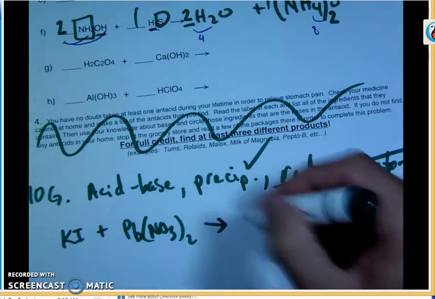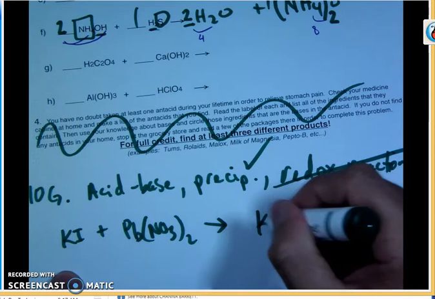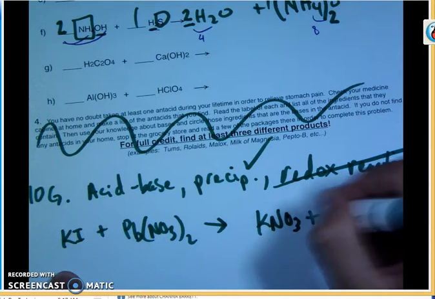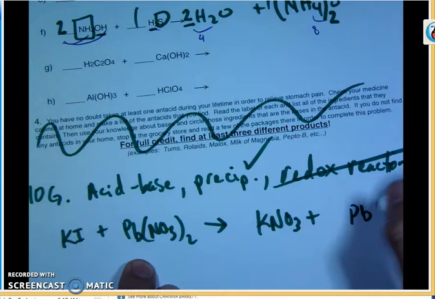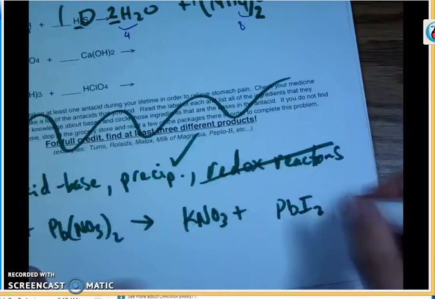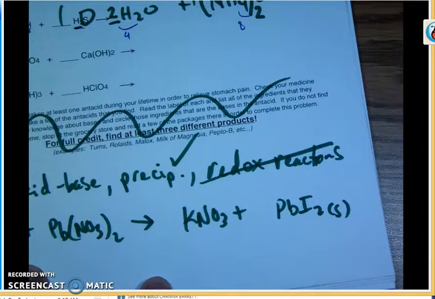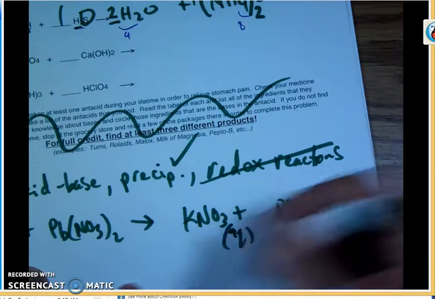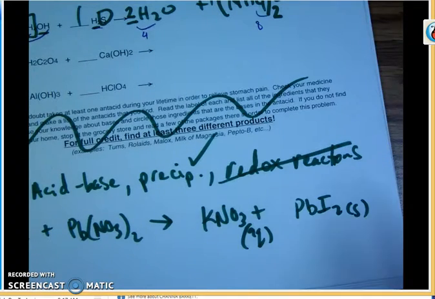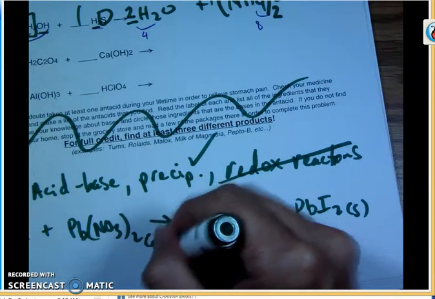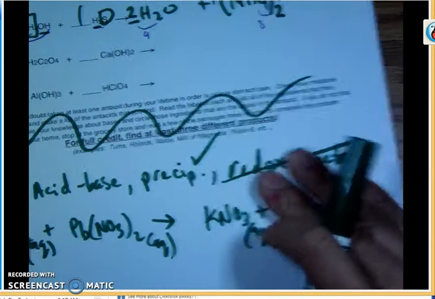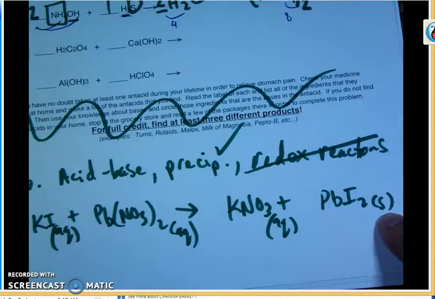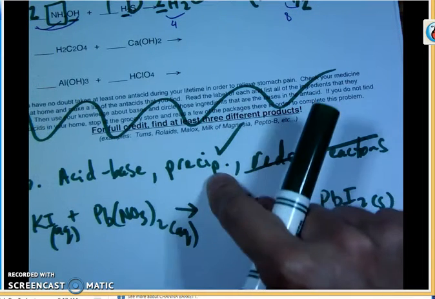And then we have KNO3 plus PbI2. And this is a solid, for example. This is aqueous. When we did net ionic equations, these are all aqueous to start with, and we figured that this is a solid, so therefore it is a precipitation reaction. Okay, so we've already done that.